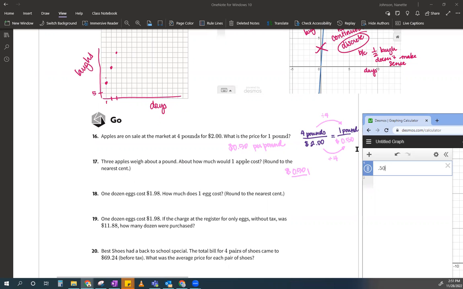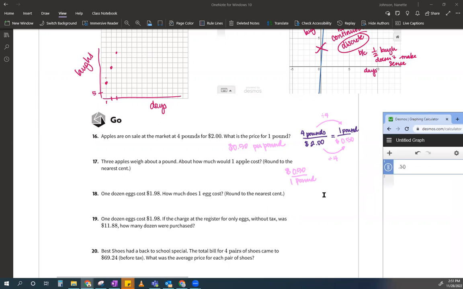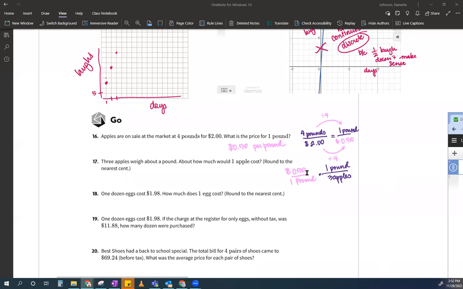So I could do this thing called unit analysis, where I'm comparing units. I know that they're saying the equivalent of 1 pound is 3 apples. And I just write a fraction like this. Now I have a fraction times a fraction, and I'm just going to multiply across.